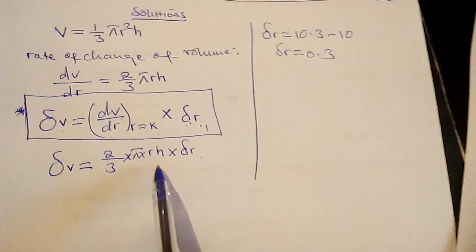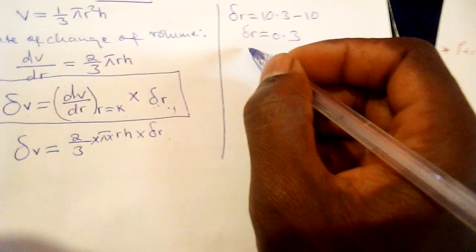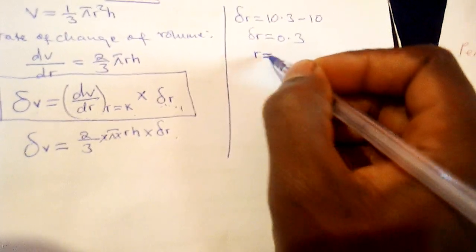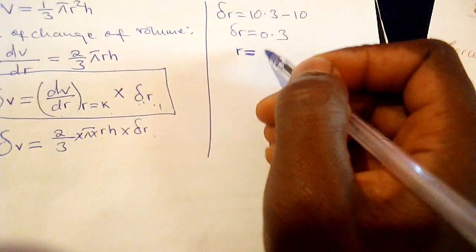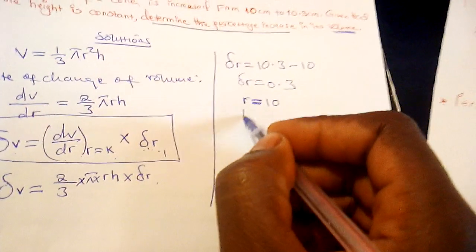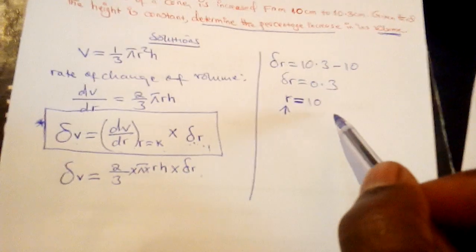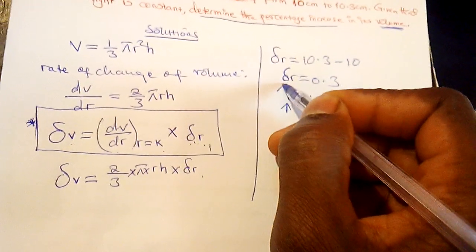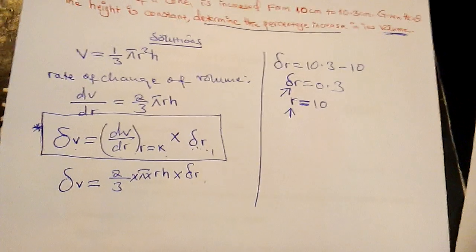With that in mind, we also know that r itself is basically the original r, which is 10 centimeters, remember. So where we see the r, we put the 10, and where we see the change in r, we are going to put the 0.3. Where?